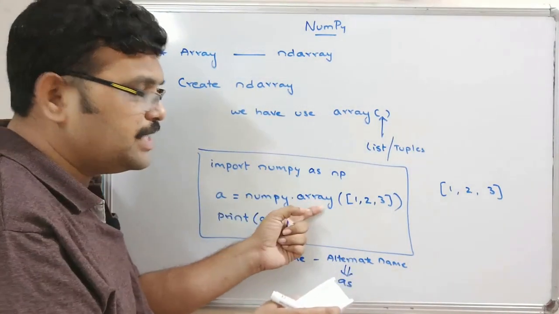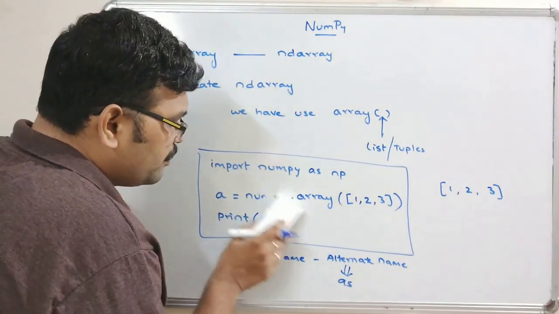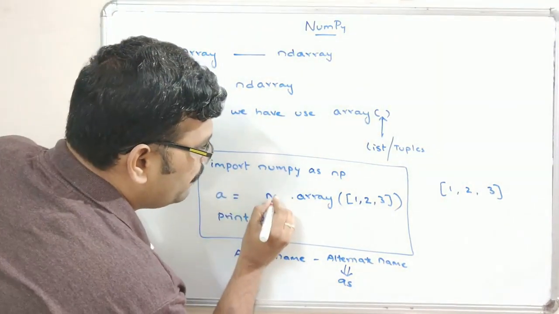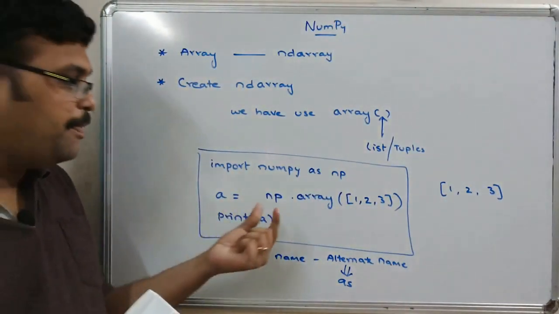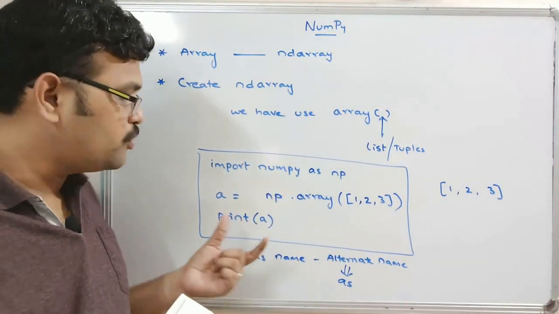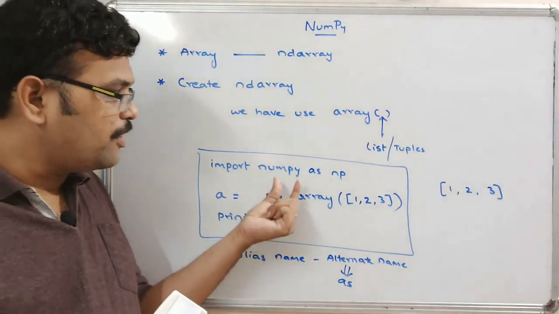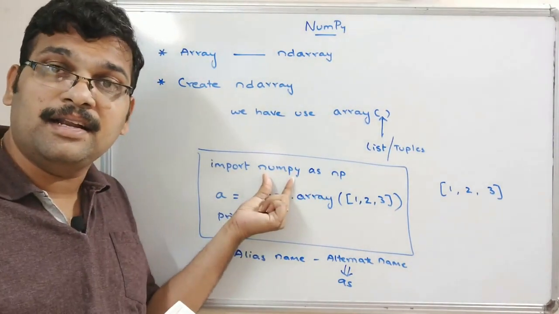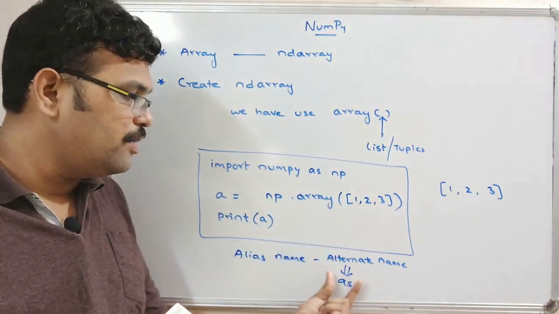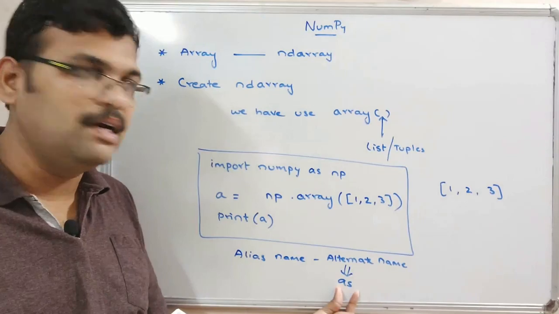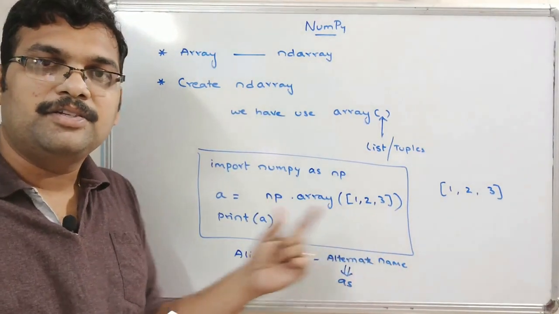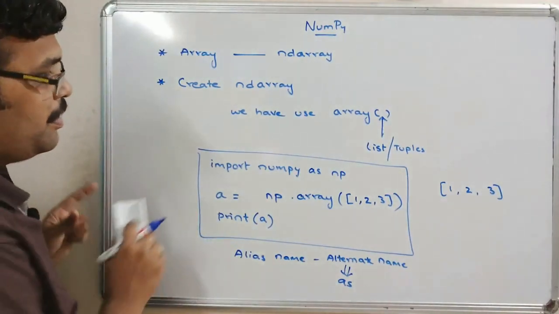Whenever we are accessing array, rather than using the full library name, you can use np.array, which implies numpy.array. Right? So hope you understood this one. We can directly use the library name to call the functions, or we can give an alternate name using the as keyword, and by using that alternate name we can call the array. So this is how we can create an array.